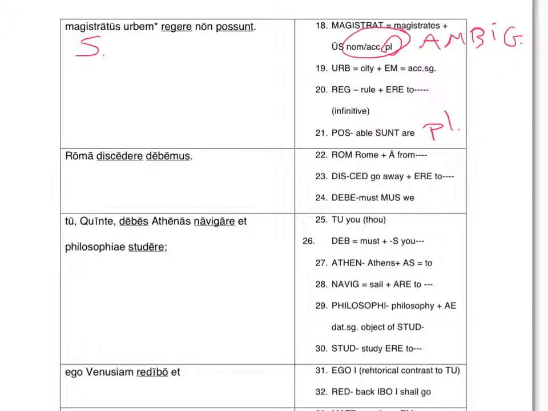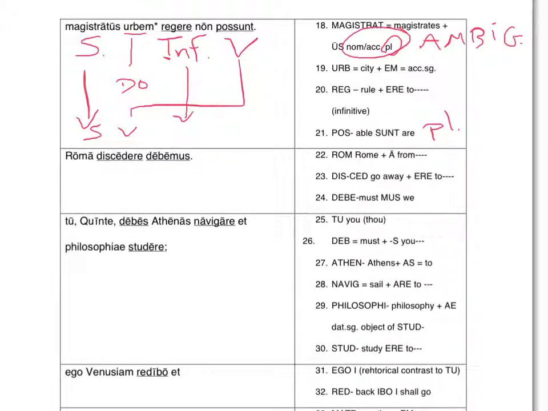So prima facie, that is at first face, you should think this is the subject and see how that goes. The verb is possunt. The infinitive that goes with the verb is regere. What they are unable to do is regere, and what they cannot regere is the direct object urbem. So in English word order this magistratus would come first, followed by the verb, followed by its infinitive, and at the end you'd put the direct object.